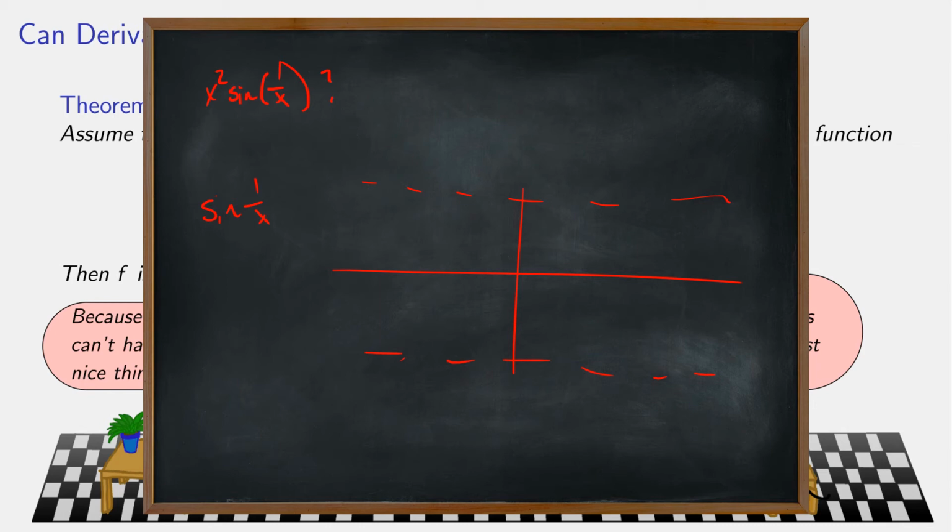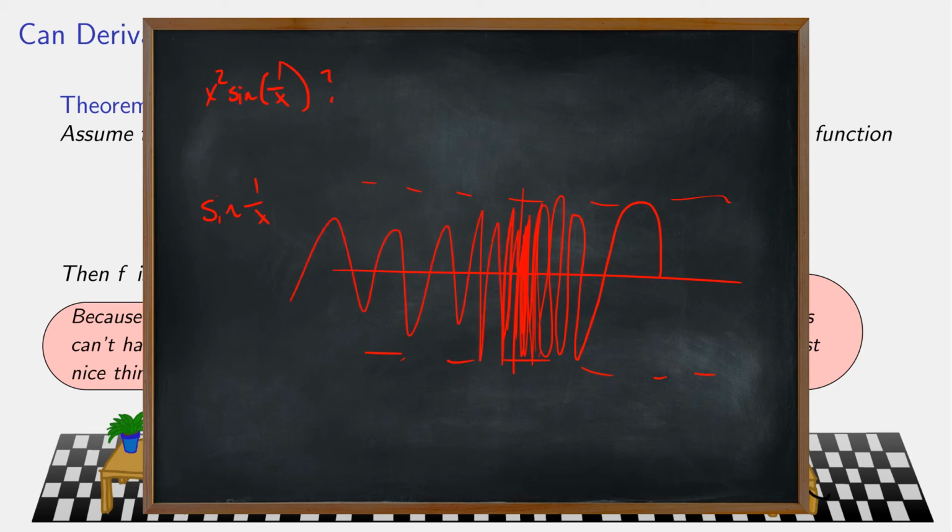So you're plugging numbers into the sine function that are getting bigger and bigger, faster and faster, which means the sine function has to do its oscillations faster and faster. So this is basically what the curve sine of 1 over x looks like. As you squeeze in towards 0, the sine curve has to go up and down infinitely many times.